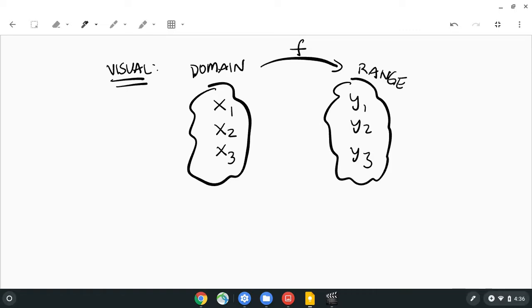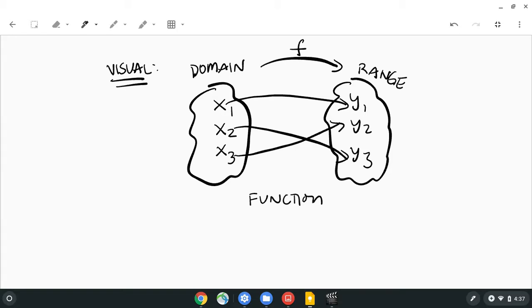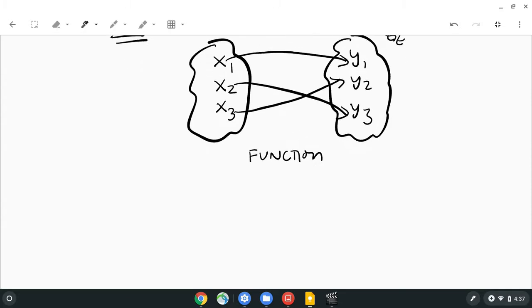Okay, and so maybe the x value, x1, gets mapped to y1, and maybe x2 gets mapped to y3, and x3 gets mapped to y2. Okay, so here, this would represent what's called a function. Okay, so that's what it's saying here.